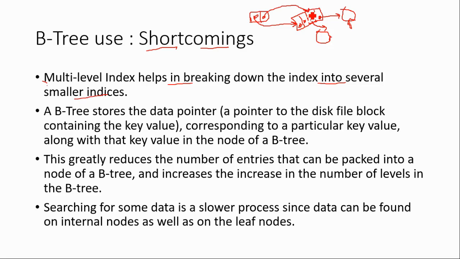Now the problem that occurs in B-trees is that a B-tree stores the data pointer to the disk block containing the key value, along with the key value in the node of the B-tree.